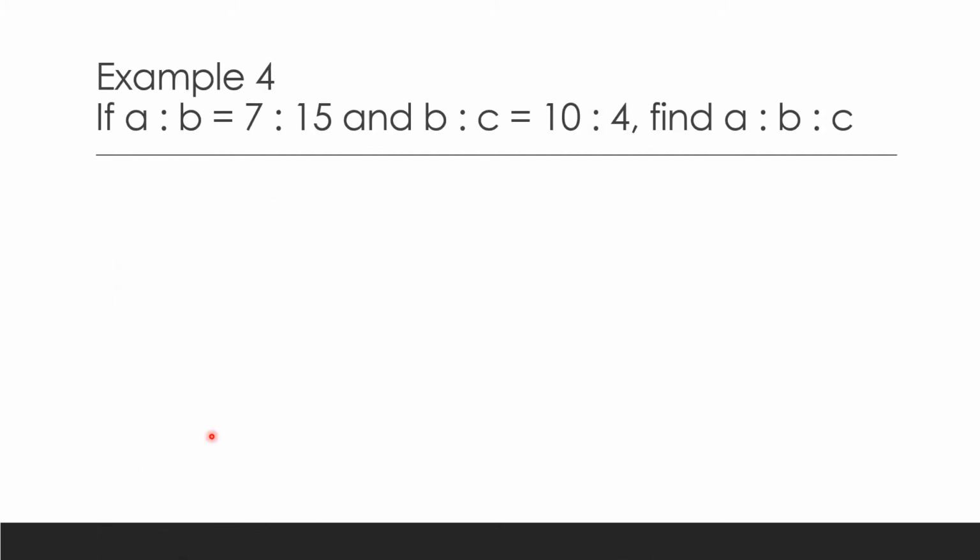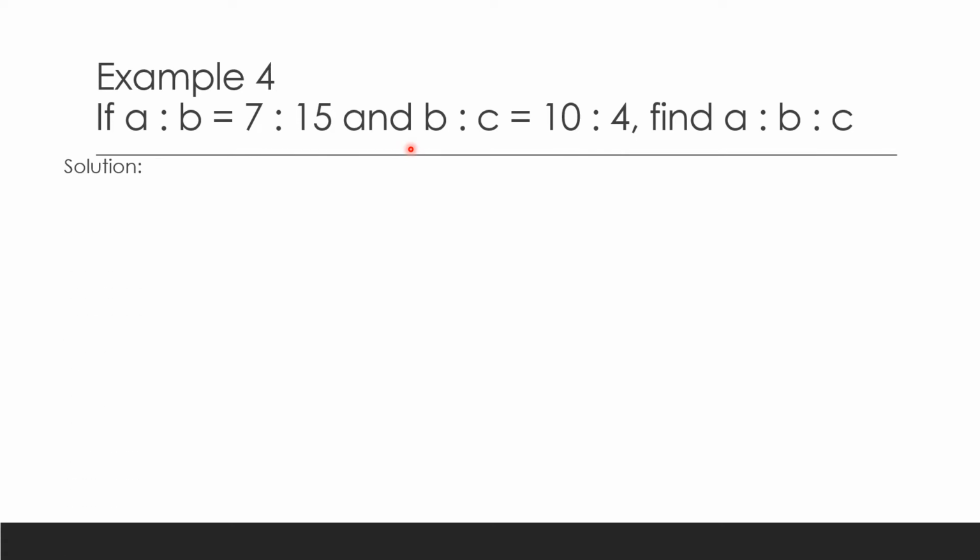Example number 4. If A is to B is equal to 7 is to 5, and B is to C is equal to 10 is to 4, find A is to B is to C. What are we going to do with that?